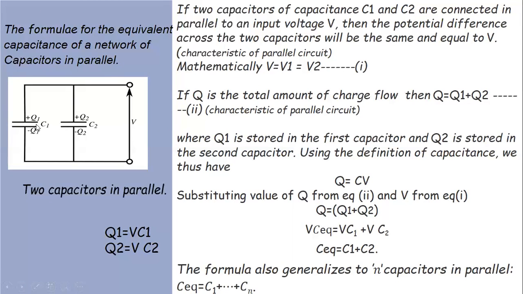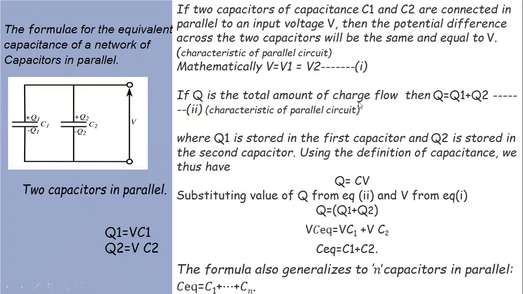Mathematically, if V1 and V2 are the voltages on the two capacitors, the voltage on both is equal to the source voltage. For example, if it is 5 volts, each capacitor has 5 volts of potential difference across it.